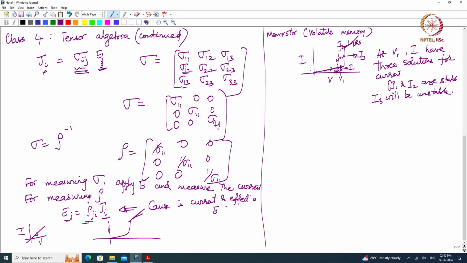Now if I'm controlling voltage, I just see stable solutions depending on whether I am increasing or decreasing the voltage. I see either I1 or I2 as a solution.